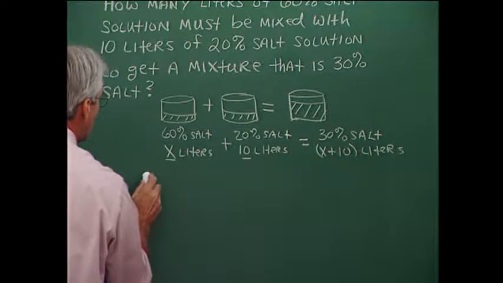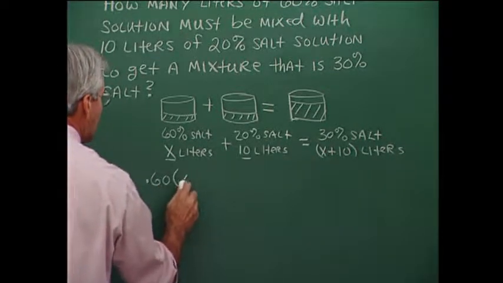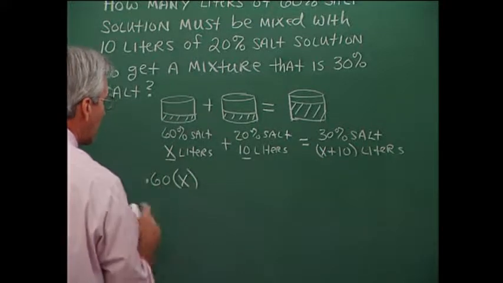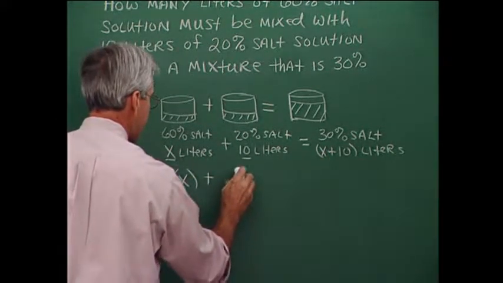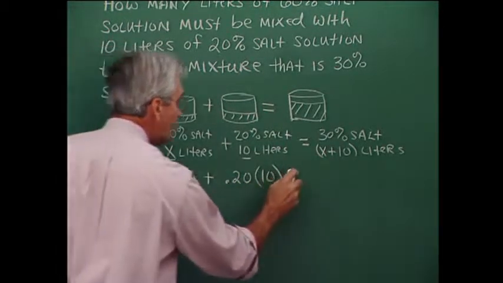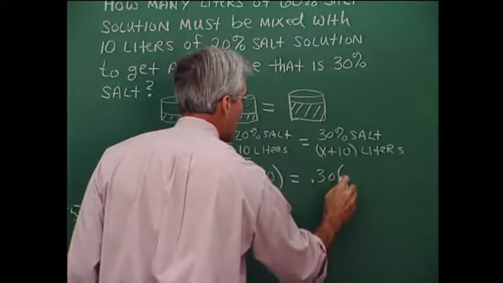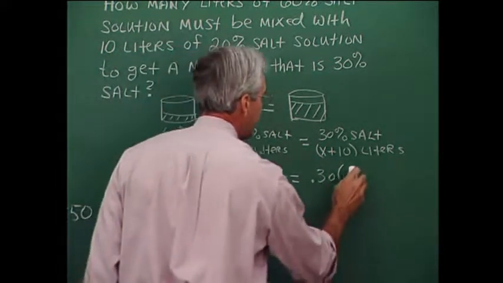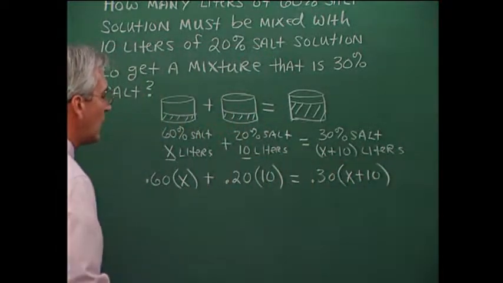It's 60% or 0.60 times X, or just X, I don't need the parenthesis here, plus 20% times quantity is equal to the resulting percent times the total quantity. And then we would go through again and solve this.